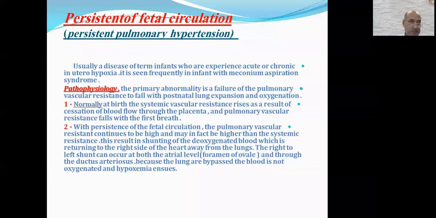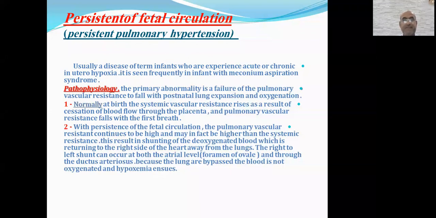So, after we finish the most important part, respiratory distress, we can talk about another important condition related to the lung of the newborn: persistent fetal circulation or persistent pulmonary hypertension.